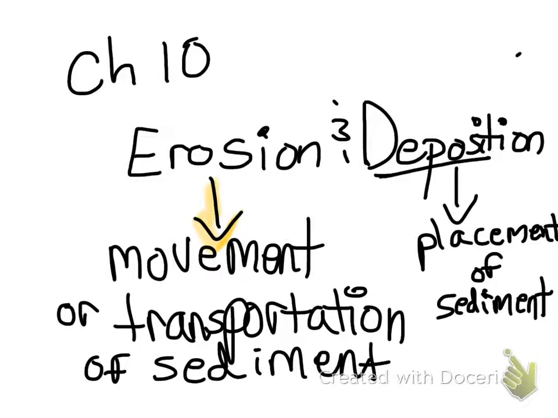Same with deposition. You go and you put away. Once you're done eroding something, and you're not going to move it anymore, you're going to set it or put it down in a certain place. That's deposition. So if the wind has been blowing something, it's been eroding it because it's been moving the material. Once the wind stops and the material falls, that's deposition.